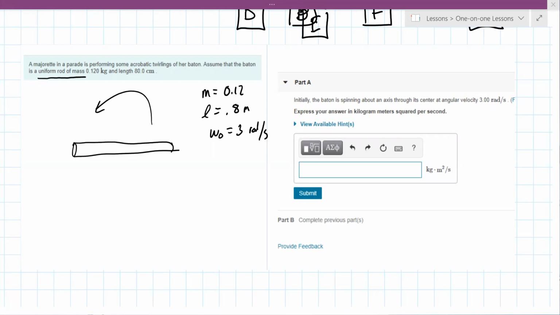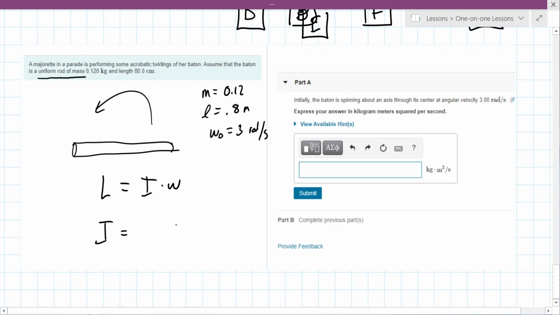I don't even know where we're supposed to go on this, because there are equations for energy and other stuff. So the angular momentum formula is I times omega. And for a rod, I is equal to ml squared over 12. You have the mass, you have the length, and 12. Do you know omega? Yeah, it's right there.